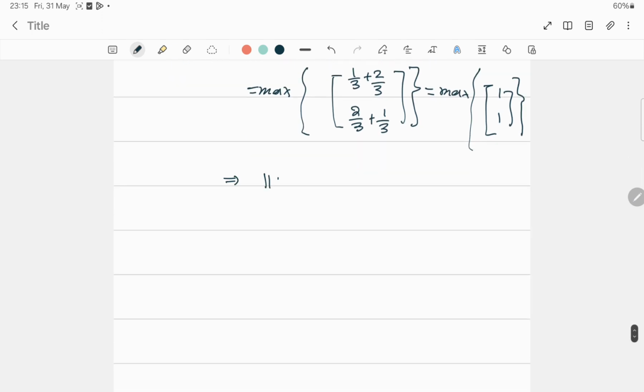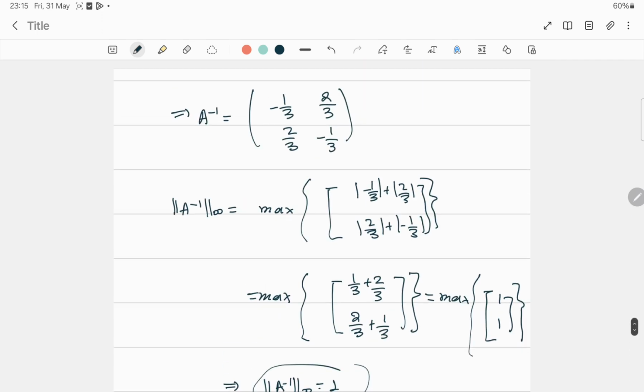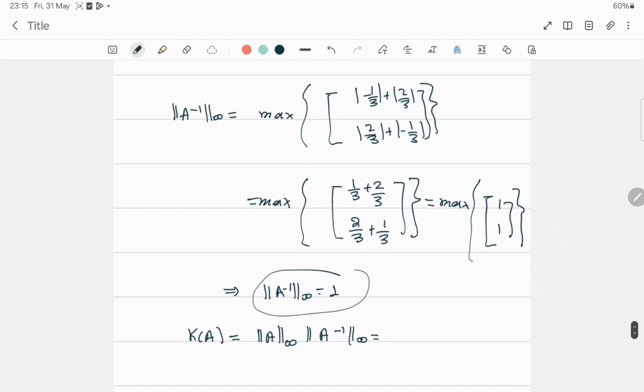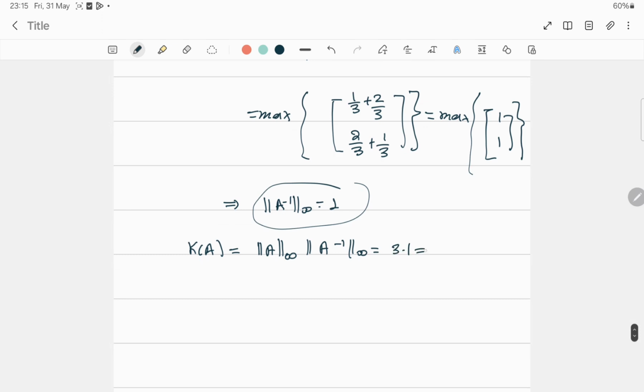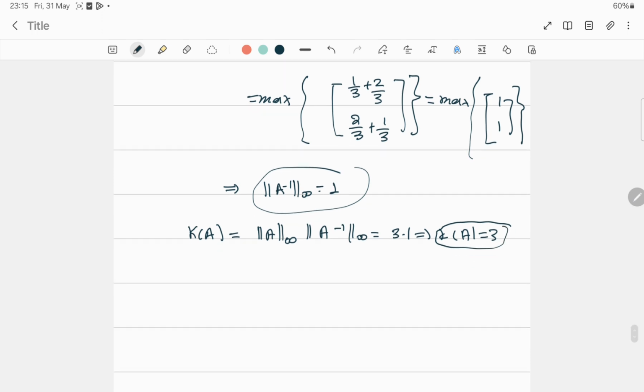So from here we deduce that the infinity norm of the inverse matrix is 1. So the condition number of the matrix is the infinity norm of matrix A times the infinity norm of the inverse matrix. We get 3. The condition number is equal to 3.